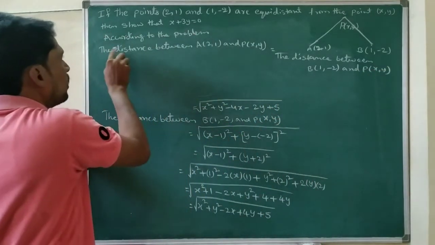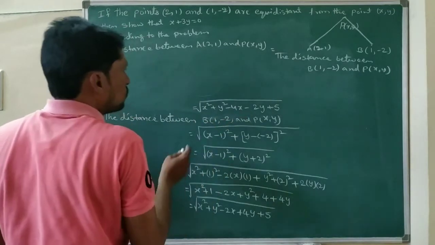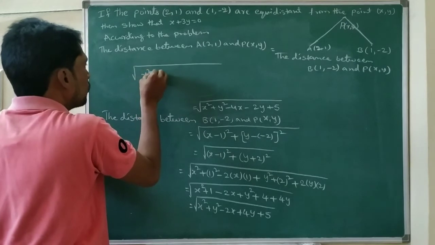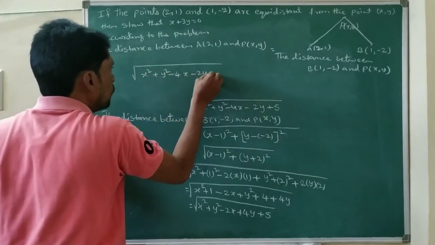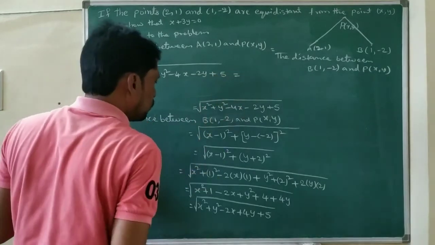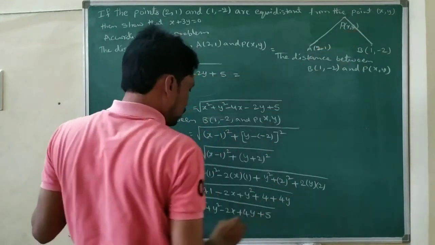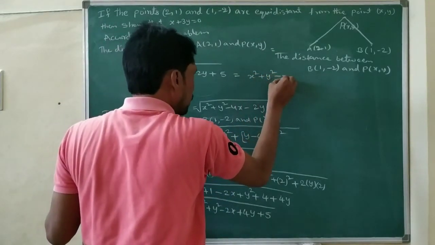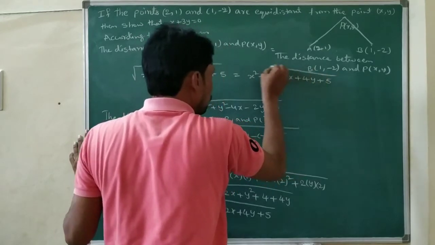Now see here the distance between AP, how much did we get? Under root x square plus y square minus 4x minus 2y plus 5 equals the distance between B and P. How much did we get here? x square plus y square minus 2x plus 4y plus 5 under root.